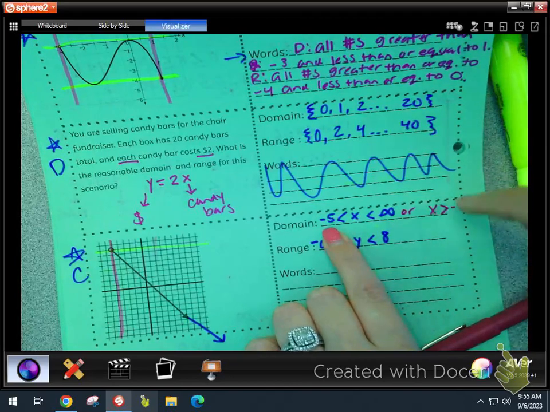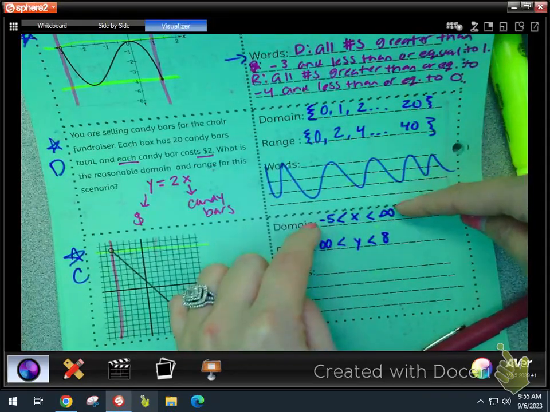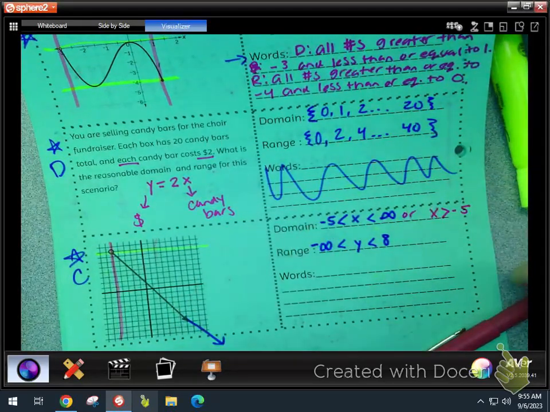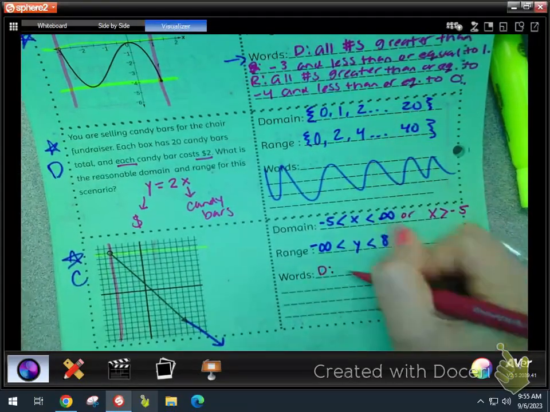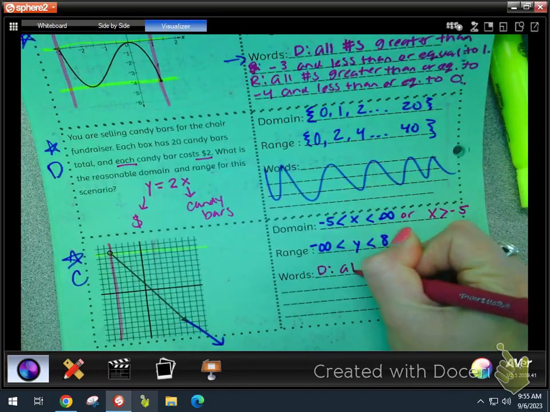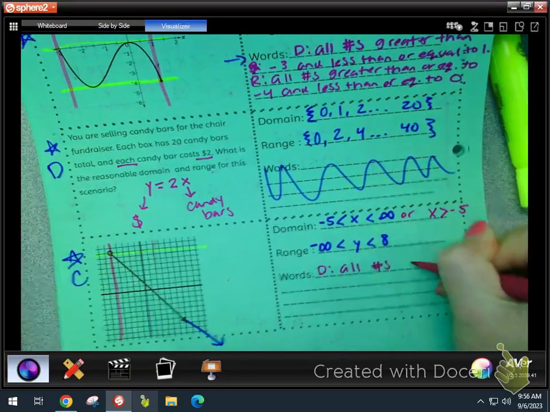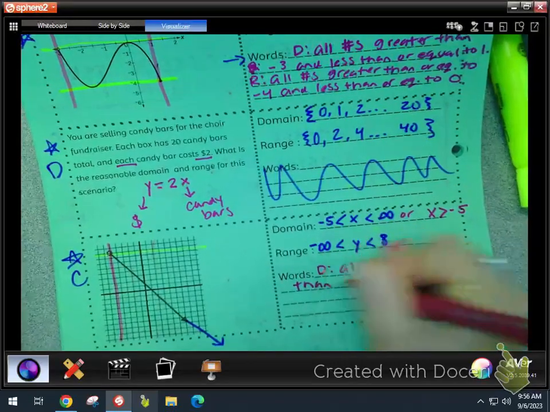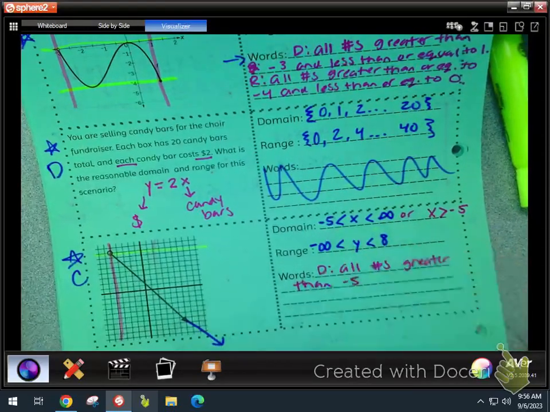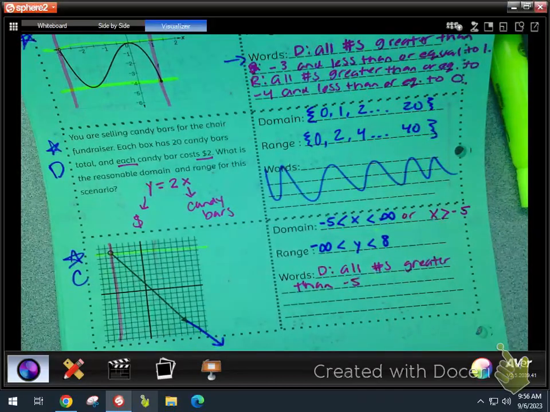If you're not ready to go there, then just do it the way we've been doing it, okay? But I just wanted to show you either way. So in words, we could say that it's all numbers greater than -5. That's how you would say that in words. There's no upper boundary. So it just goes from there forever. So you don't have to write that upper boundary on there.